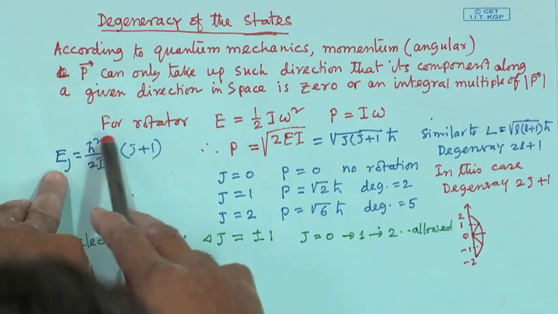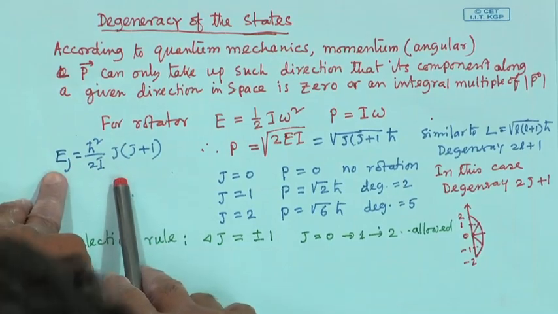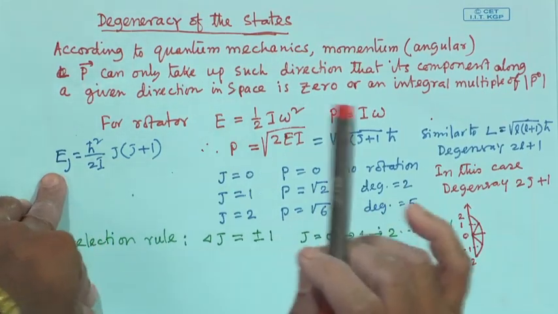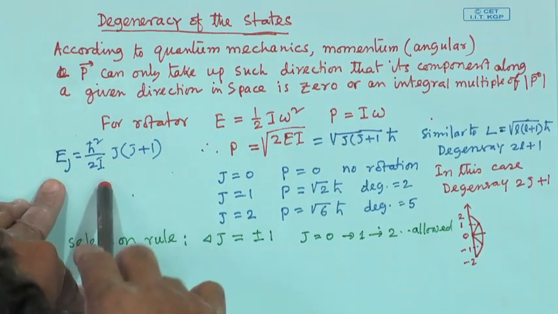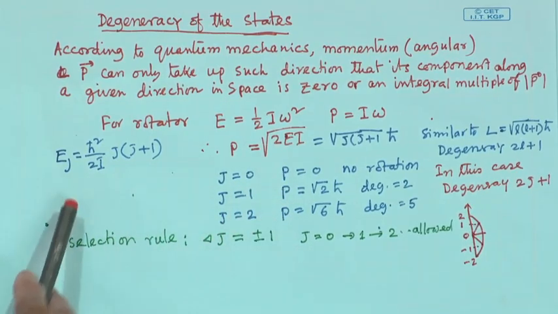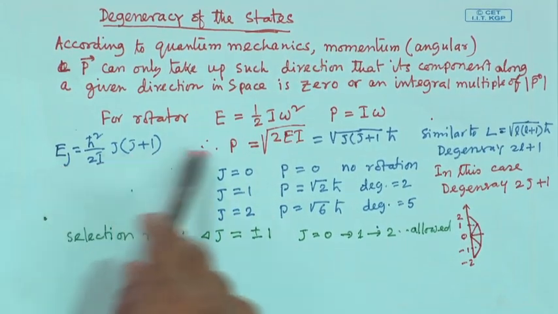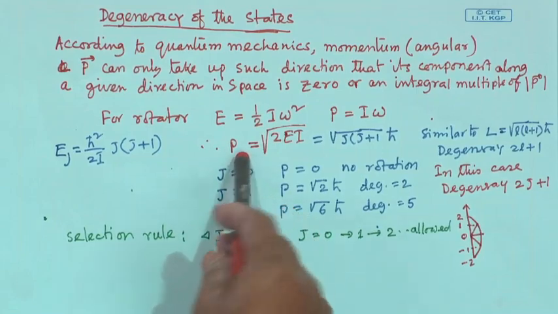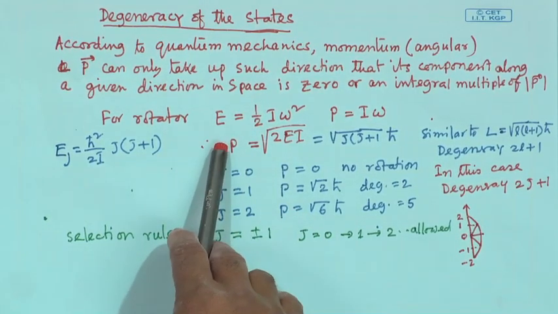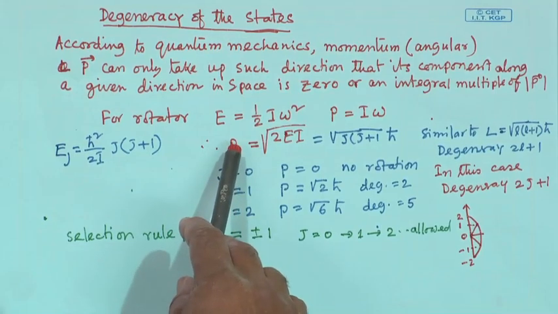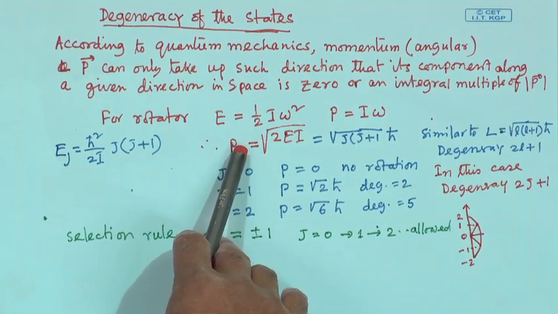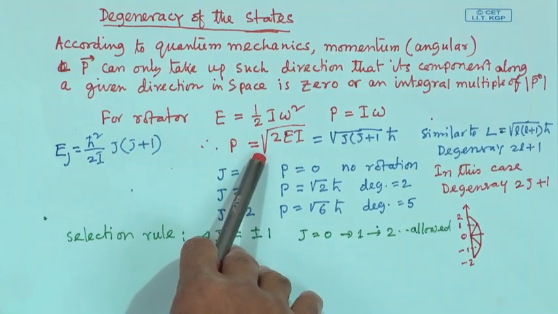E equals p squared by 2m, ħ squared by p squared by 2m. So in case of linear motion, one can write p squared by 2m, which means p squared by 2I. Here p is like -iħ del.